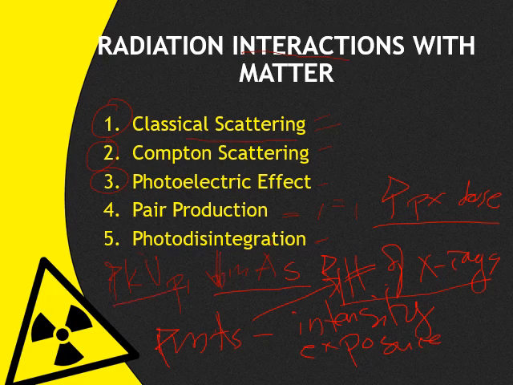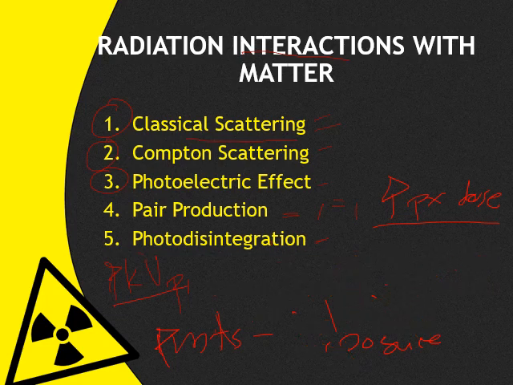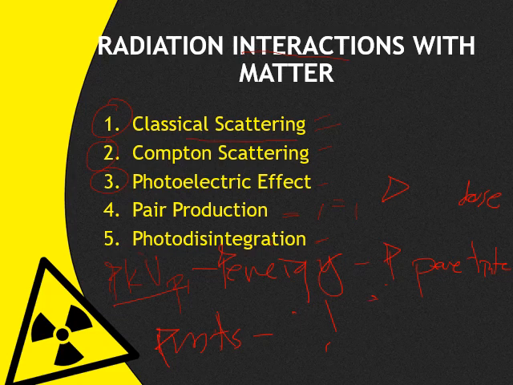And the kVp is responsible for the energy of the X-rays. So the higher the kVp, the higher the energy produced, and therefore it can penetrate the patient more. When we say penetrate, it will pass through the patient.